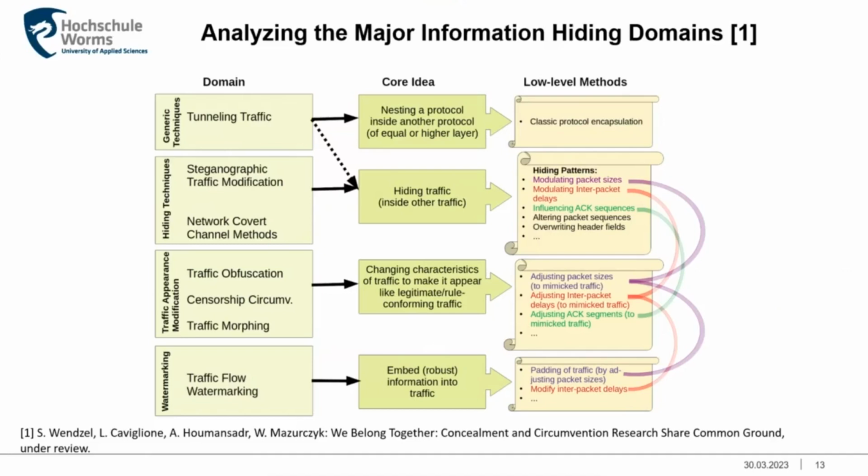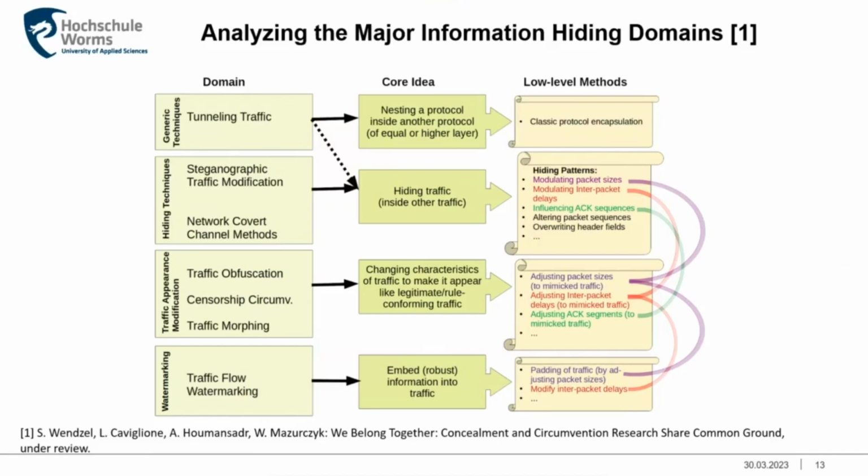If you do traffic obfuscation, censorship circumvention, traffic morphing, and look into that literature, they want to change some characteristics to let the traffic appear as legitimate. What do they do? Well, they adjust packet sizes, they adjust inter-packet delays, they adjust acknowledgement sequences, and so on. And as you can see, there are fundamental overlaps in terms of what they do.